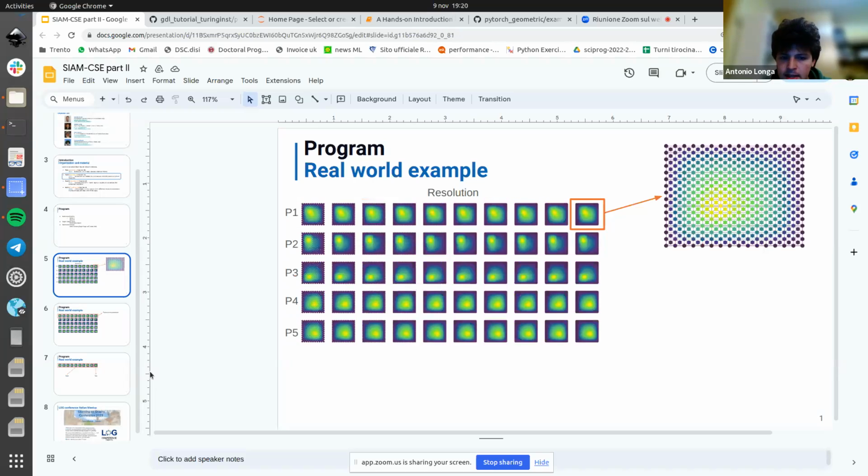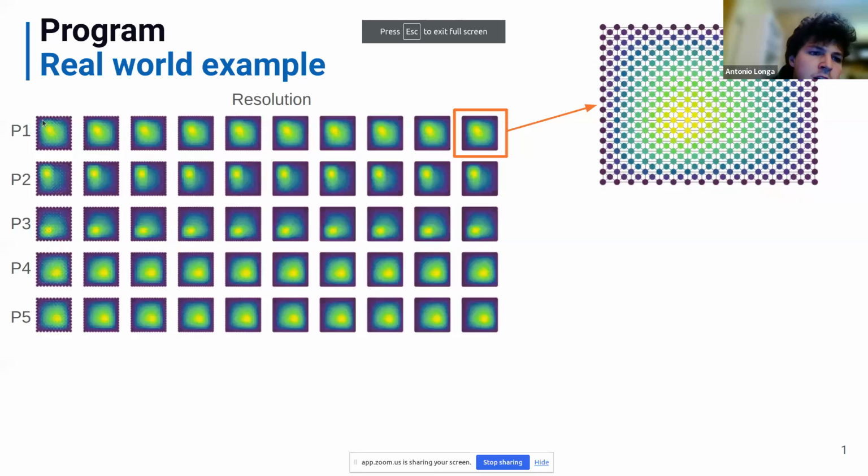In this figure here, I'm showing you that there are 5 different materials that we simulate by changing the parameters. I don't know if you can see it, but the first graph on the left has a low resolution; in fact, you can see the nodes, while in the rightmost graph you cannot, because they are too close, so we have a much higher resolution.